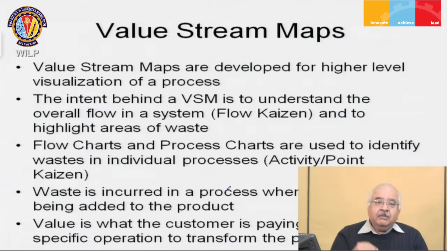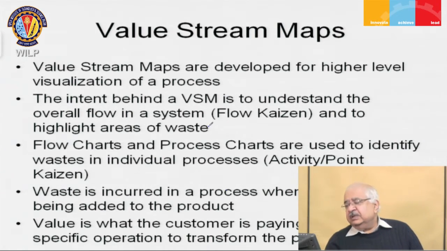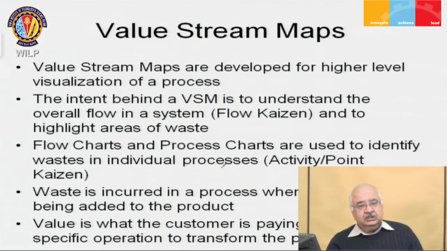The value stream maps are done to look at the entire process as a whole, and the intent is to understand the overall flow in the system, and the term that is sometimes used to denote this is flow Kaizen. Kaizen is a term which some of you may be familiar with, but it basically means continual improvement.